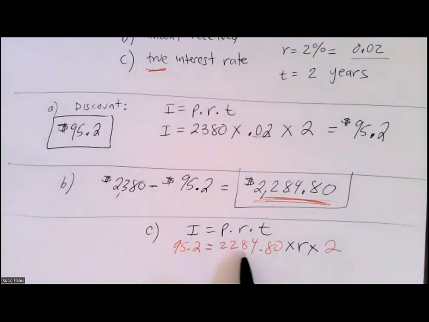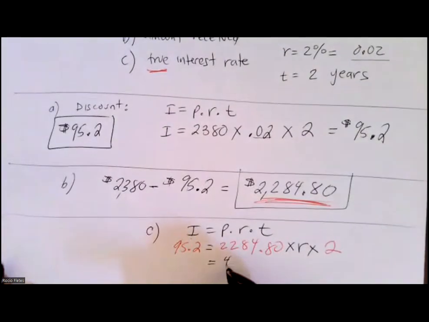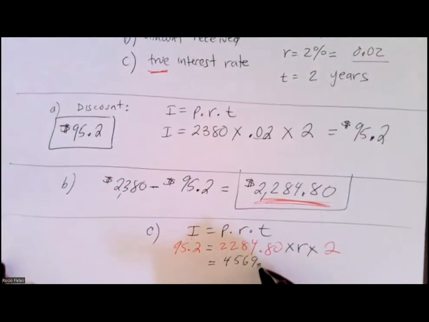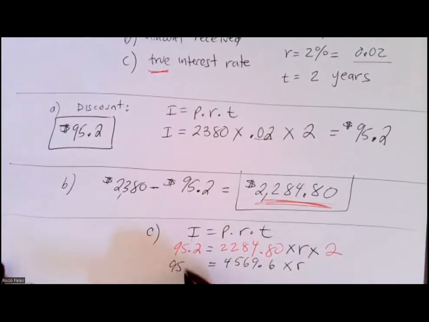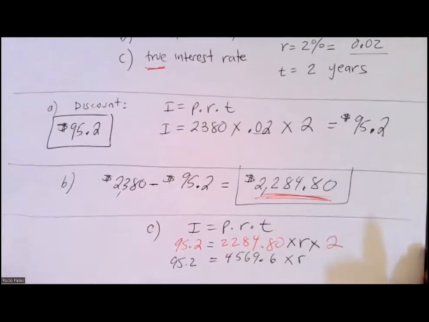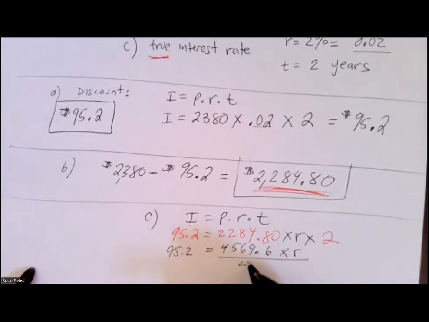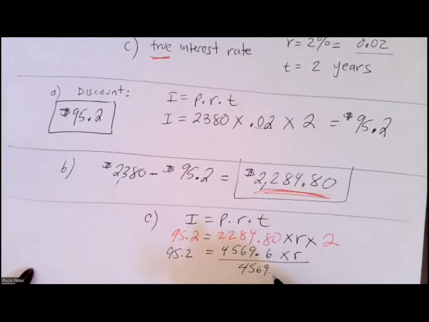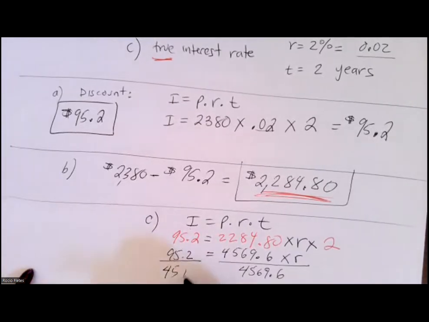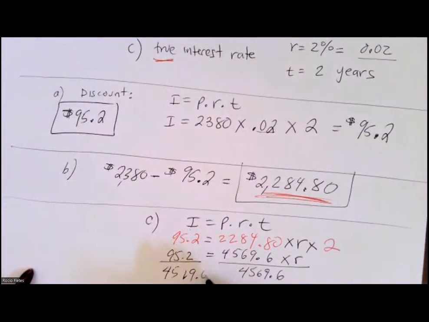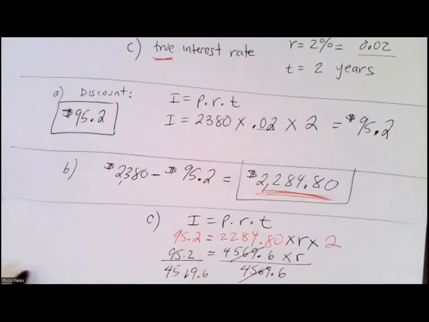And so you figure out the interest rate based on these numbers. You get 2,284.80 times 2, which gives you 4,569.6 times R equals 95.2. Then go ahead and divide both sides of the equation by 4,569.6. That's going to cancel.